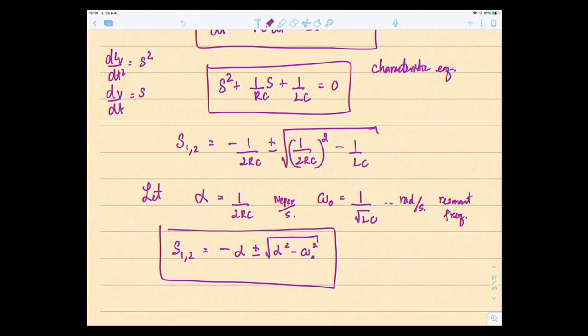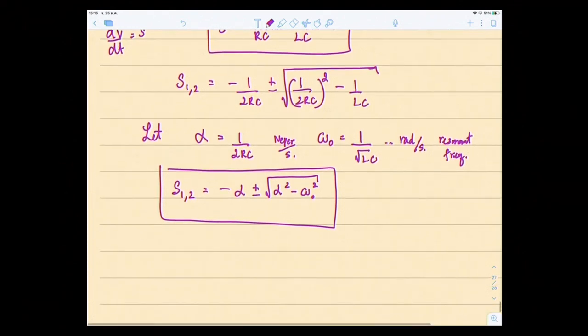So this is the so-called parallel RLC source-free circuit. Depending on S1 and S2, you can have your answer in an overdamped, critically damped, or underdamped case.